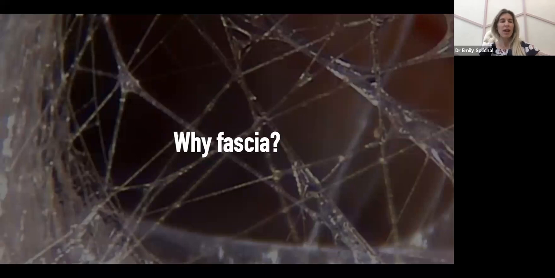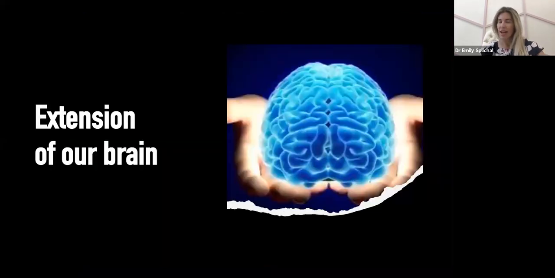So now outside of the feet, why fascia? Well, your fascia is very powerful connective tissue. I like to think of your fascia as an extension of your brain, and the reason is that it is packed with sensory nerves. So already we have sensory feet and we have sensory nerves within our fascia.